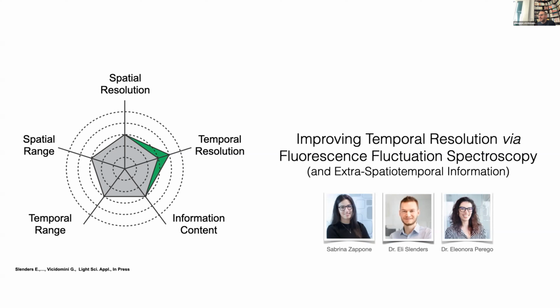But on the very same architecture, you can implement fluorescence correlation spectroscopy, and in this case observe molecular dynamics with a temporal resolution much faster than any other fluorescence technique.